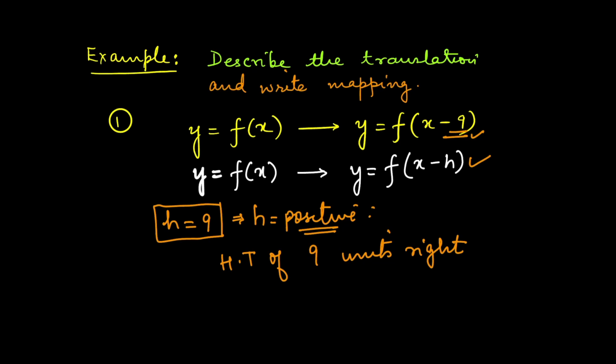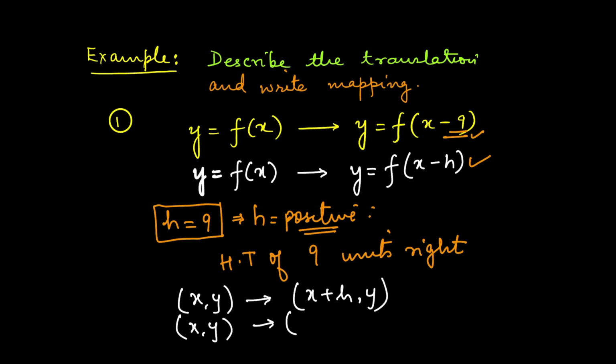The formula is (x, y) changes to (x plus h, y). Here h is 9, so we write (x plus 9, y). This is the way we write the mapping. In the question they asked us to describe, so here we have described, and here we have written the mapping.